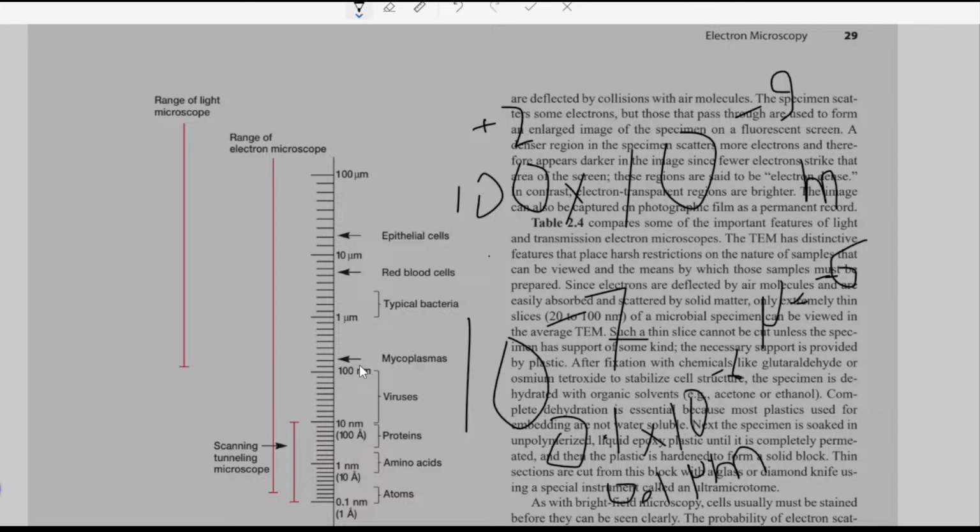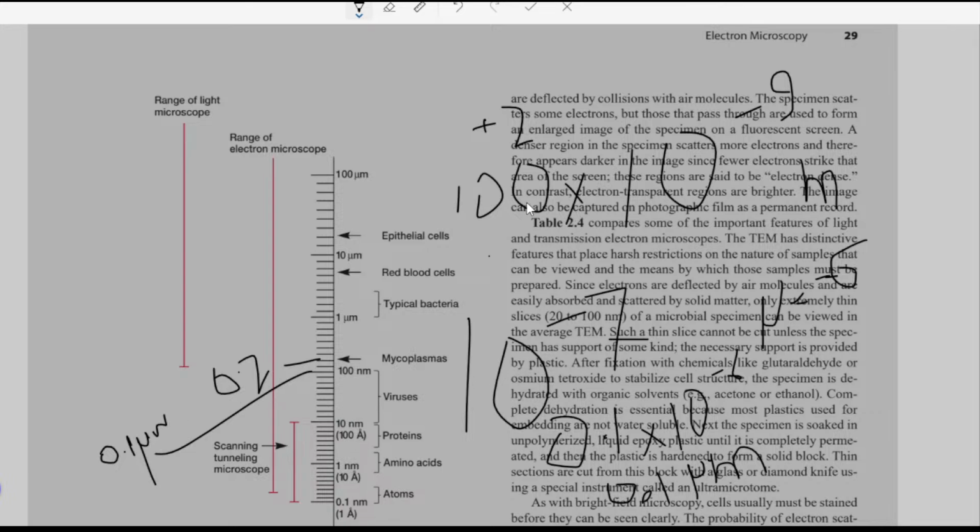What is wrong with them for making it 0.1 and the remaining scale as 1 difference, and this is point difference. No wonder 0.2 comes here. So this area is 0.2 micrometer, the ultimate range. This area is 0.1 micrometer, or 10 raised to power minus 1 micrometer, the same thing.